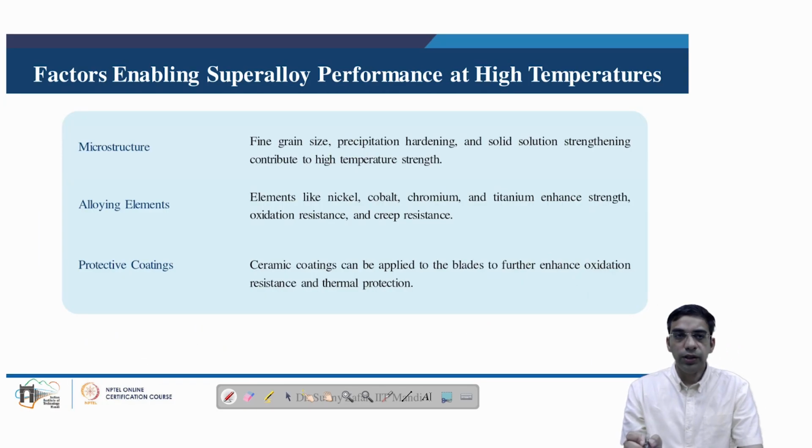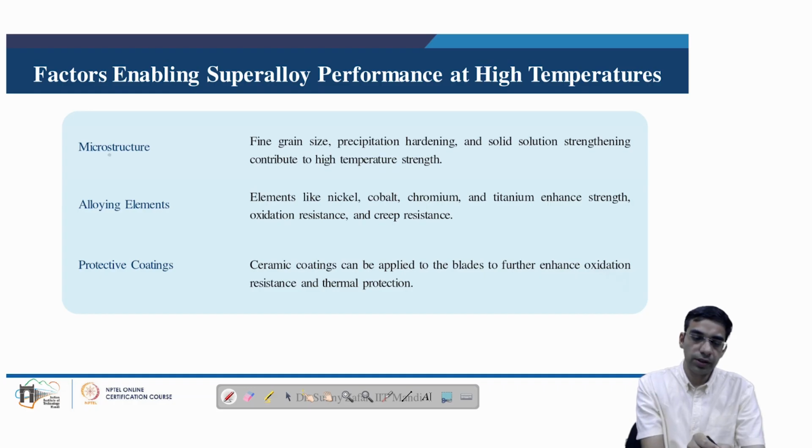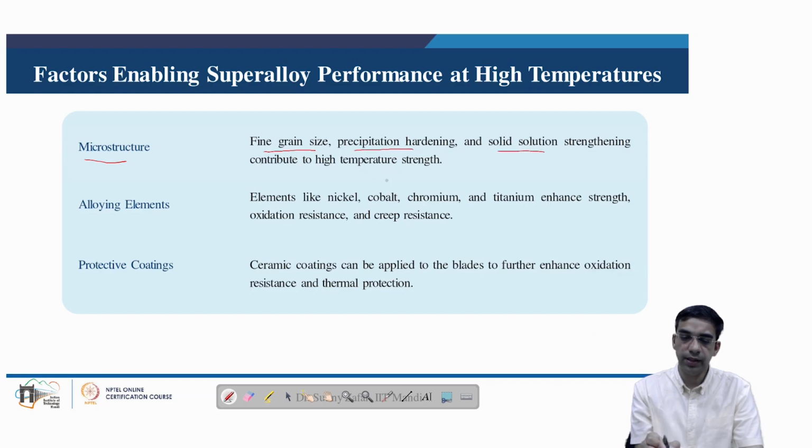So we can conclude that the factors which enable the superalloy performance at high temperature include their microstructure, which is the fine grained structure along with precipitation hardening and solid solution strengthening, which contribute to high temperature strength. The presence of alloying elements like we have discussed, aluminium, nickel, cobalt, chromium, titanium, enhance the oxidation resistance and creep resistance.